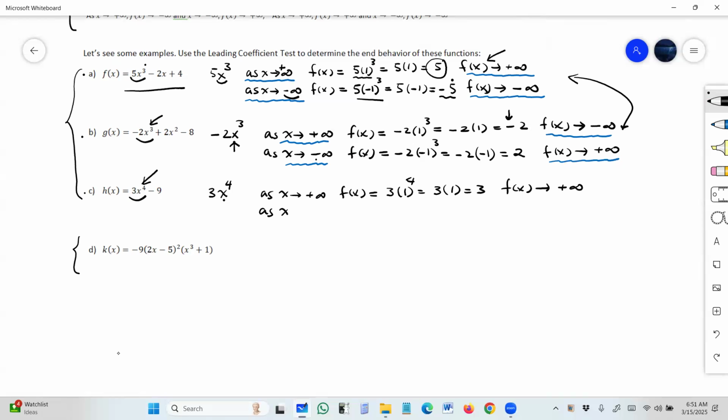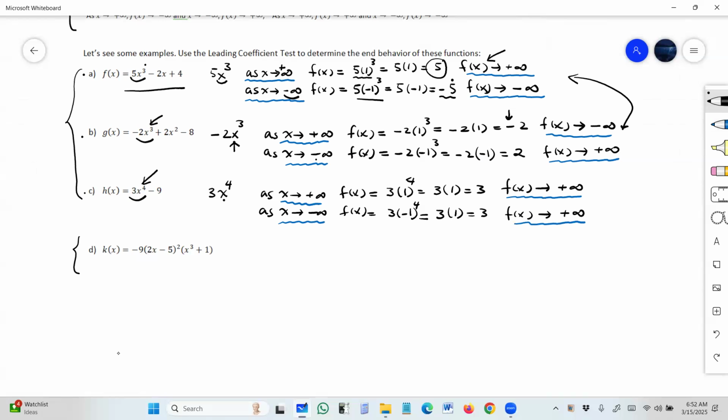And for the negative case, I am now going to replace x with negative 1. So negative 1 to the fourth is still positive 1. So this is also 3, which means the polynomial also goes to positive infinity on the negative side. So as x goes to positive infinity, f of x goes to positive infinity. As x goes to negative infinity, f of x goes to positive infinity.